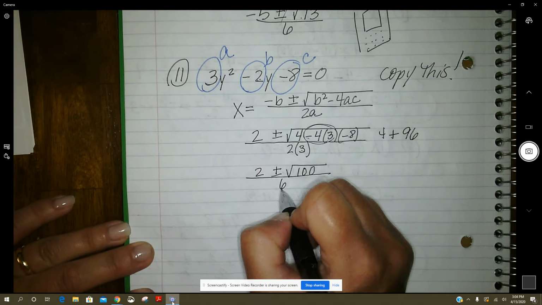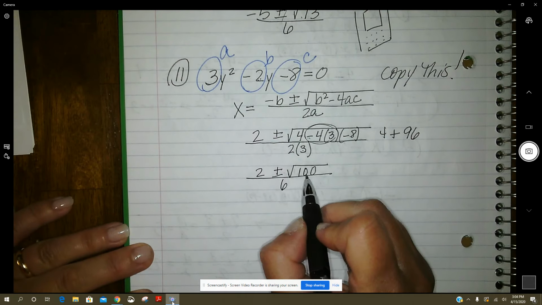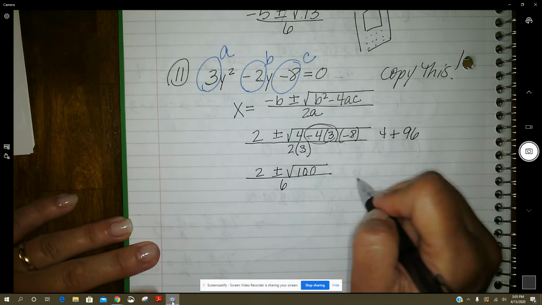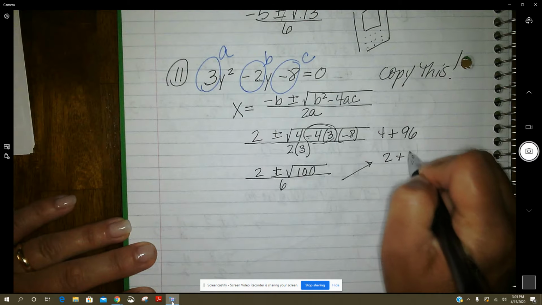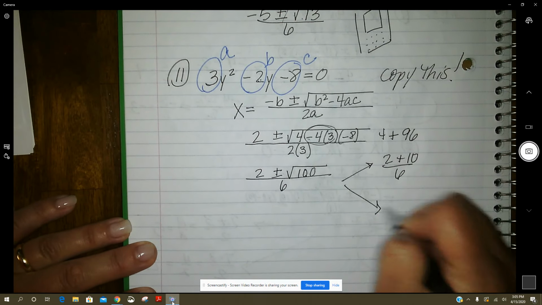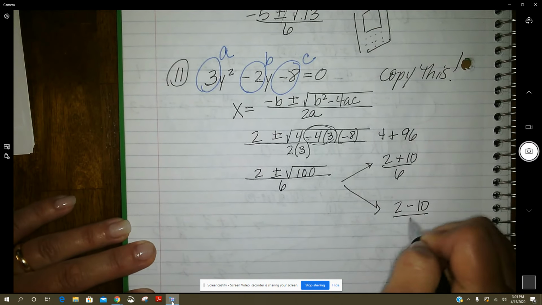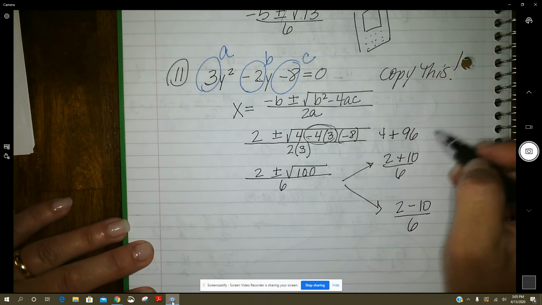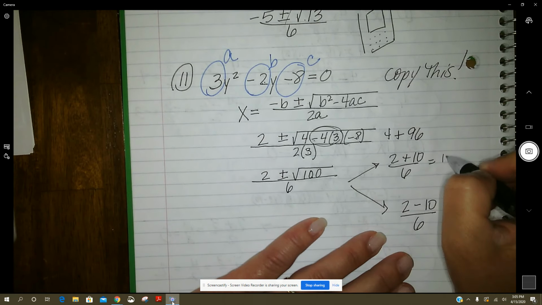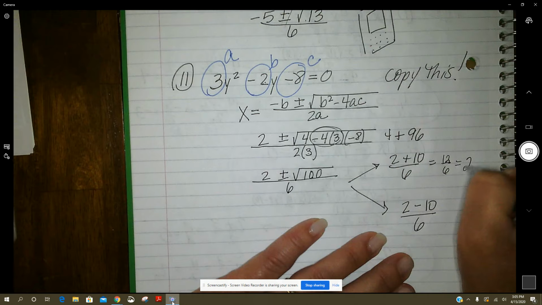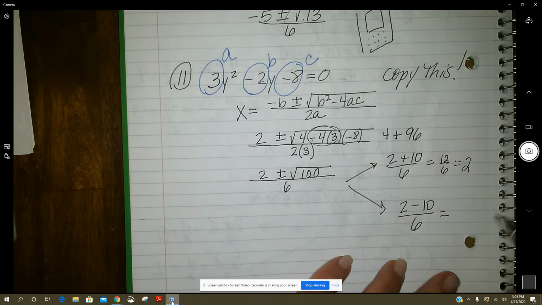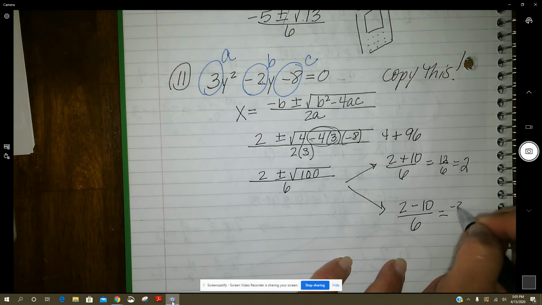All this is divided by 6. What is the square root of 100 again? 10. So we're going to do 2 plus 10 divided by 6. 2 minus 10 divided by 6. 2 plus 10 is 12. 12 divided by 6 makes 2. 2 minus 10 is negative 8.